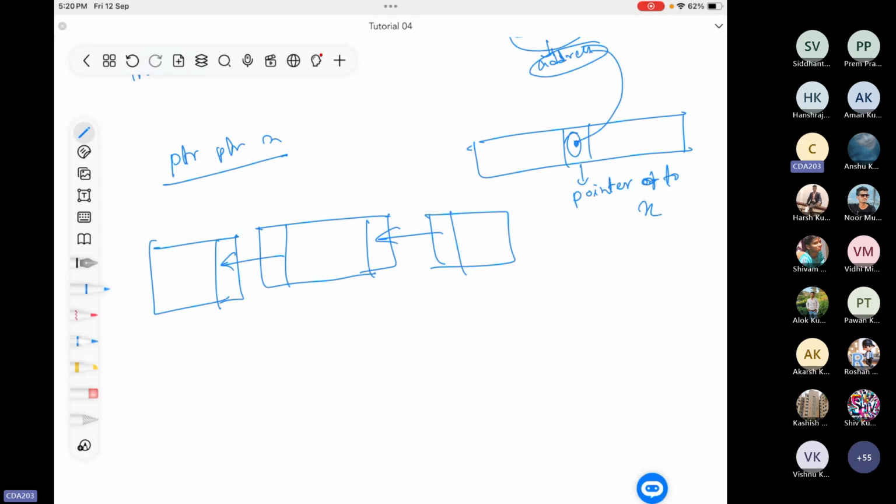Same idea, if you studied trees, I don't know whether you have studied or not. If you study a binary search tree or something like that, then there are pointers from parent to child, like this. So I think then you have the idea of pointers, right?